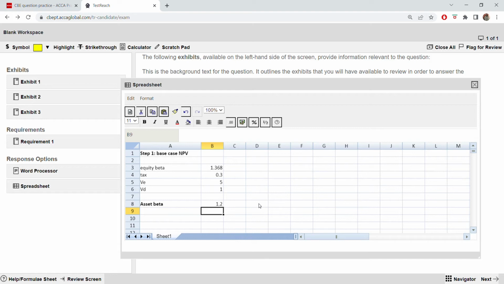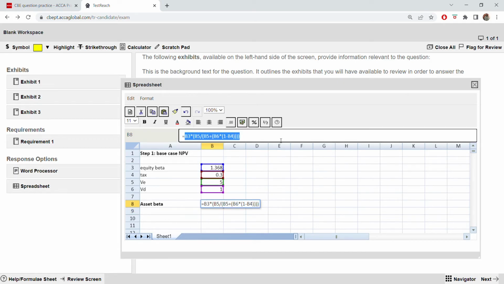It's less than 1.368, 1.2. Click here and check here. After B3, I put a bracket. Divide again bracket, plus again bracket, because this needs to be multiplied first: the debt with the 1 minus tax, then you add with equity, then it will be equity divided by that.